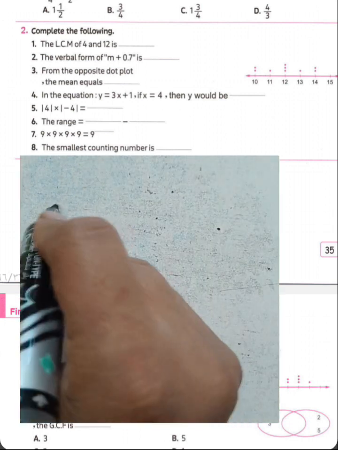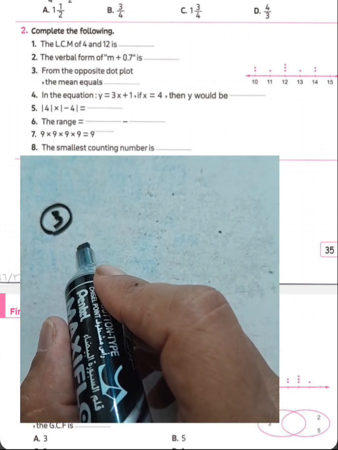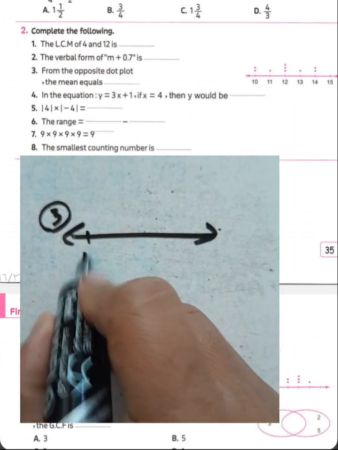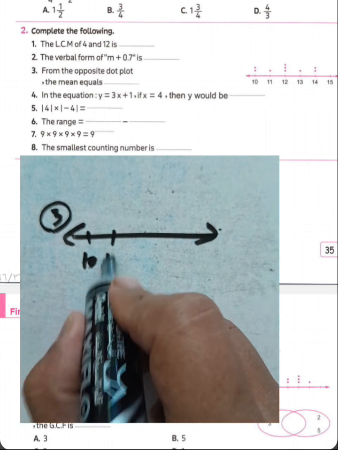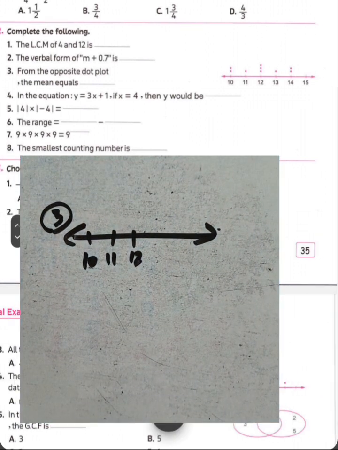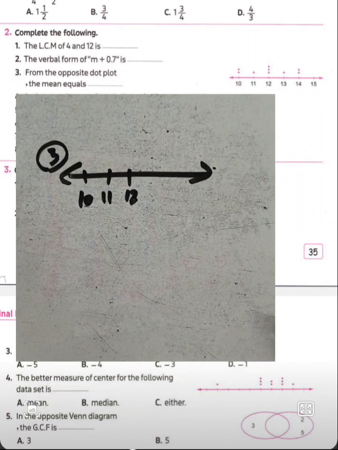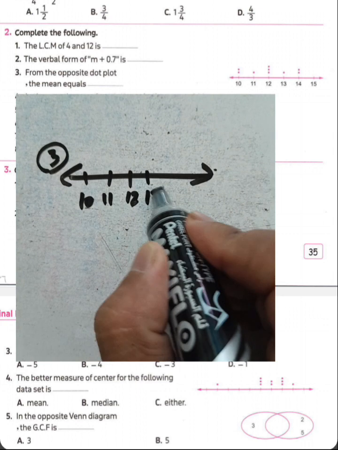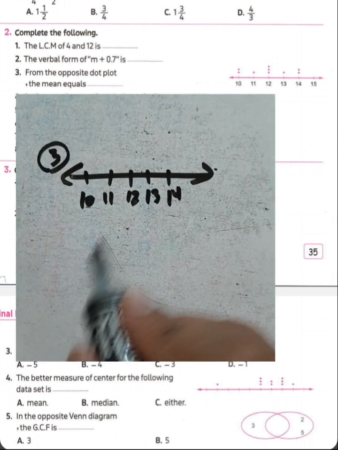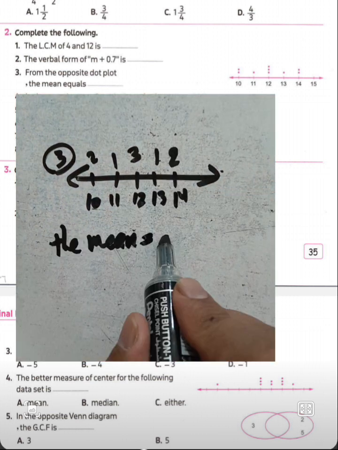Question number 3. From the dot plot, the mean equals what? We can find the mean: find the sum of all the numbers divided by the number of all the numbers. Okay, we have a number line here.